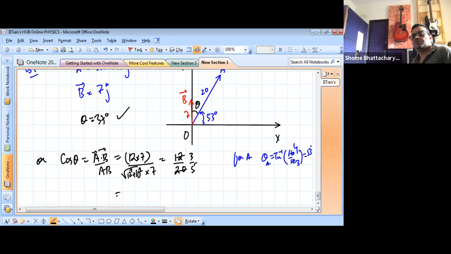Oh sorry, this is 16 into 7, it's the product of the y components. So this will become 4 by 5. So theta is 37. This is the dot product.